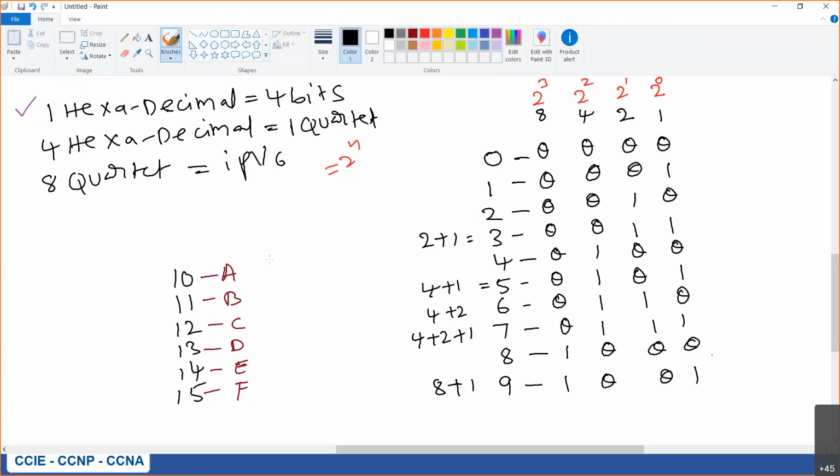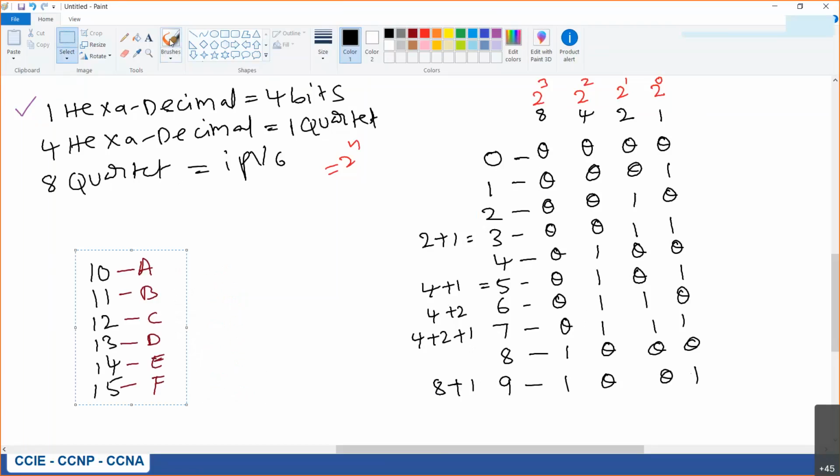So coming to here, how can I say A? A is a value. How can I write A in binary? A means 10. With 8, 4, 2, 1, 10 means 8 plus 2. So the 8 place and 2 place are on: 1, 0, 1, 0. How can I write B?